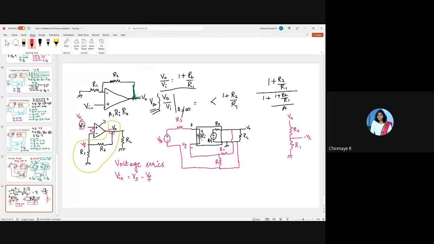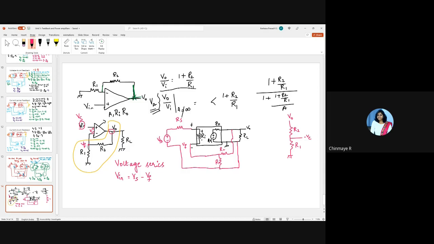I am repeating this again and again because this is important. If you're taking the output directly from the place at which you're sampling the voltage, then you're definitely feeding back voltage, right? So the first term you can fix. If you're sensing something from a place where you're not sampling the output voltage, then it will be current at the output. We'll see that example also.